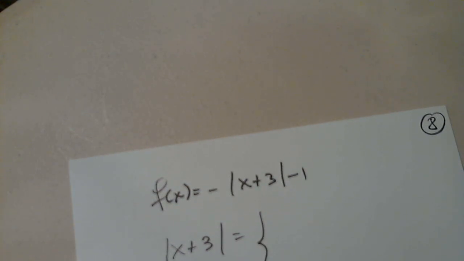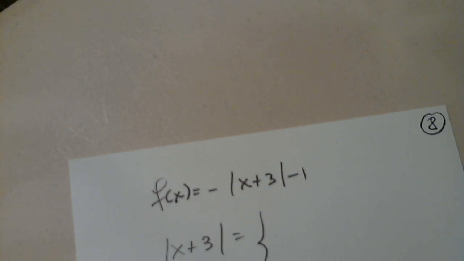For the absolute value of x plus 3, what will you write? What are the options? Anyone, please?